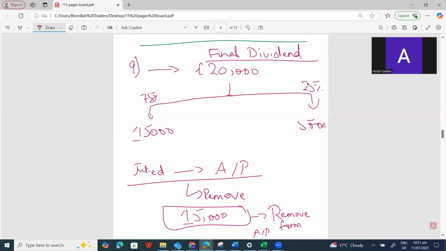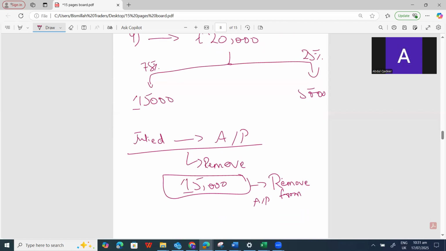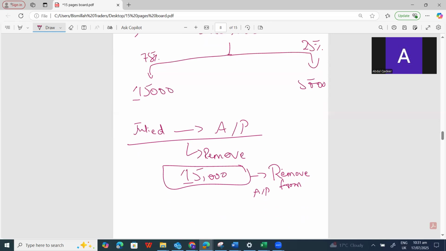And 5,000 will remain as a liability, as it's external to the group, 25% NCI, non-controlling interest percentage. Okay, we have solved all the problems regarding Julie Limited.